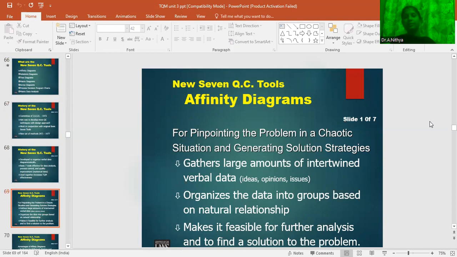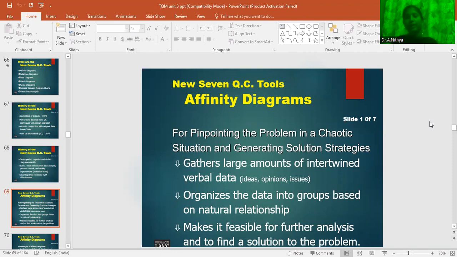What is an affinity diagram? So what is the purpose of this affinity diagram? For synthesizing, then classifying, then organizing indefinite ideas is the affinity diagram. So this is actually developed by KJ. This method is otherwise known as the KJ method. This is developed by Kawakita Jiro.